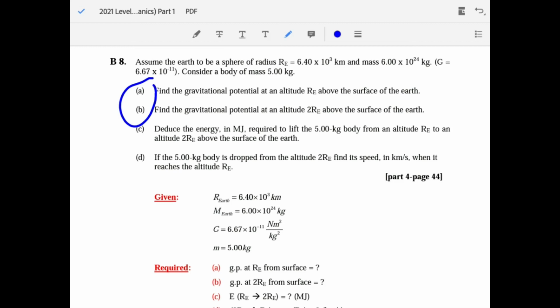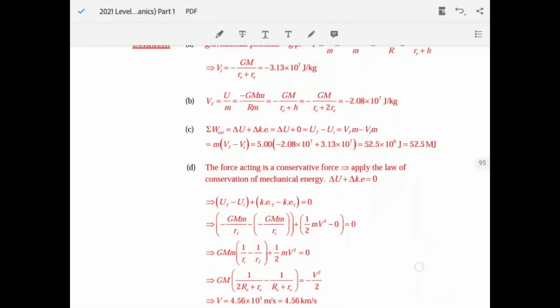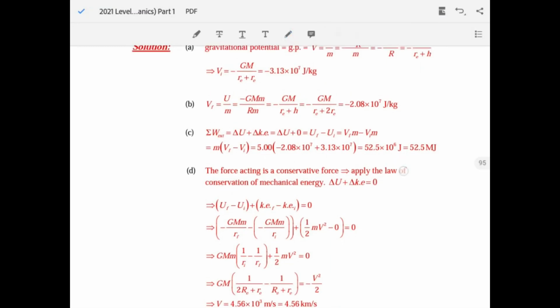Otherwise, you could have the opposite direction. Let's say you want to go down. If you had a hole, you could have just dropped it in and the potential energy would drag it down. So you give energy to make it go up. So from altitude RE to 2RE, it's positive. There you go, it's positive.